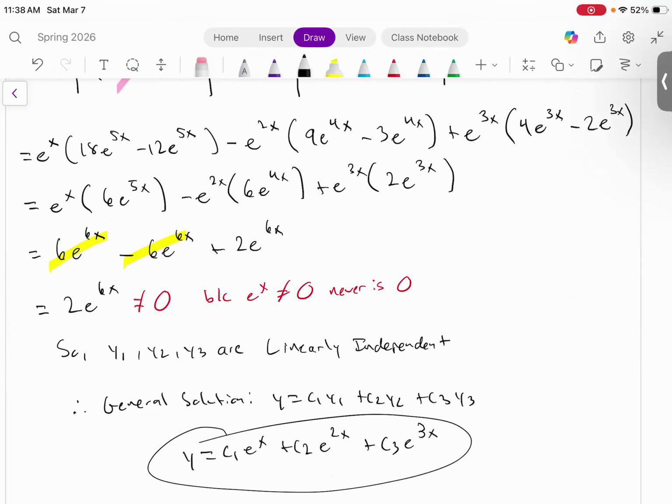So we could say they are linearly independent and form a fundamental set of solutions. And since they form a fundamental set of solutions, therefore they are a general solution to this homogeneous differential equation.